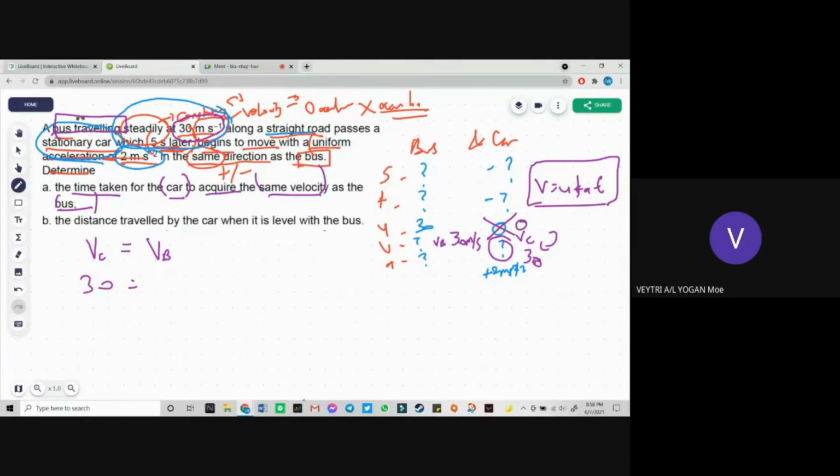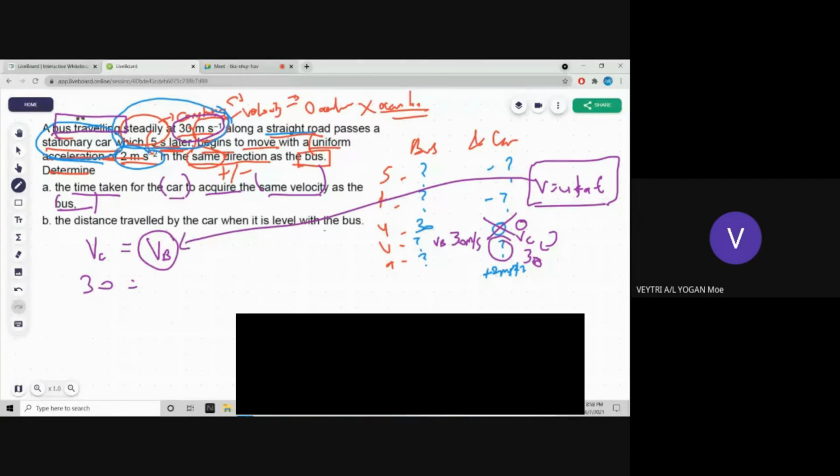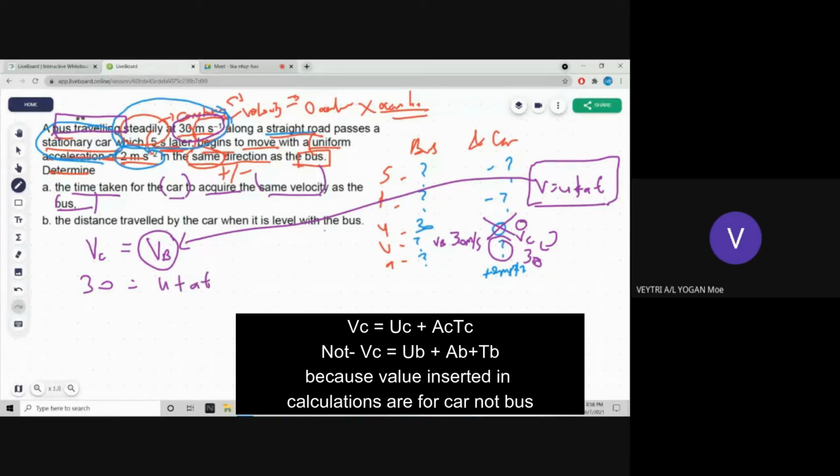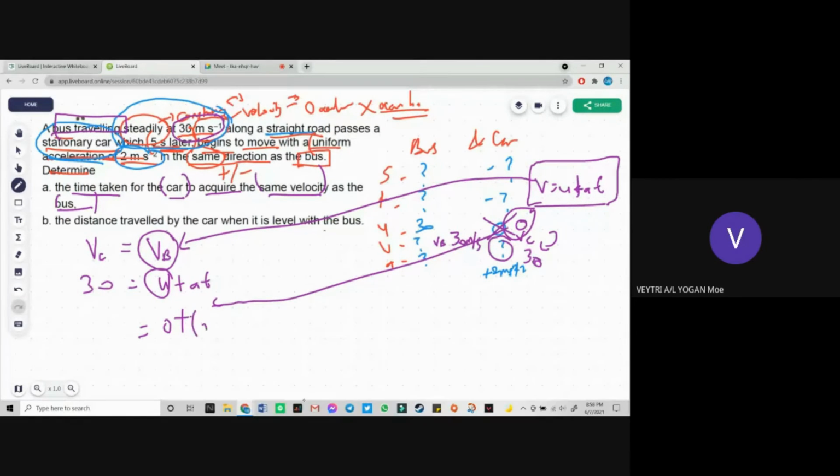Now, what is the formula of V? Let's have a try with this formula. V equals to U plus AT. So when V equals to U plus AT, what is your initial velocity here? Initial velocity sini, kosong. Sudah ada. Plus A, acceleration, 2. Sudah diberi dekat sini, 2.